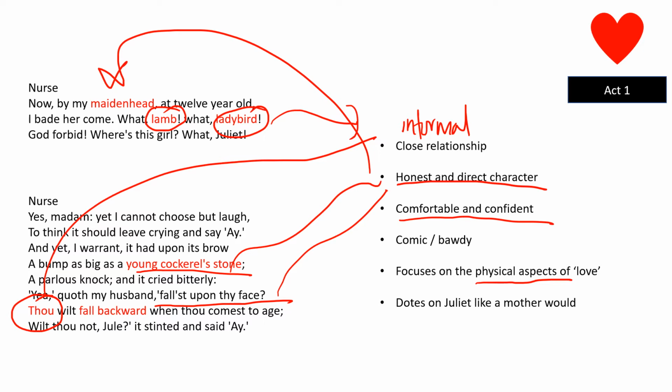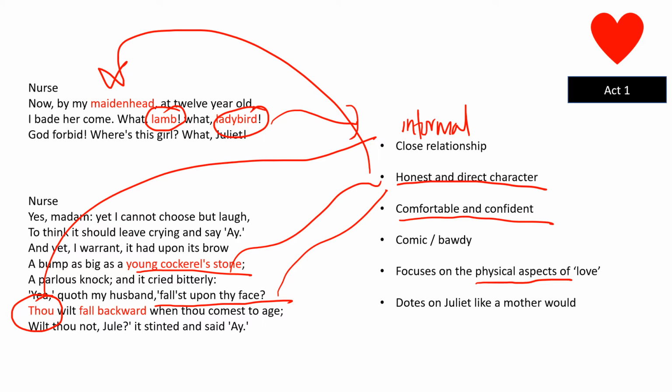But actually, what we've got is more of a realistic view of man and woman relationships, of the sexual element, the connection physically. Hence why a lot of her language tends to be about the physical aspects of a relationship, and link that into Mercutio, because Mercutio does exactly the same thing. He's more interested in the physical aspect rather than the emotional, spiritual aspect.